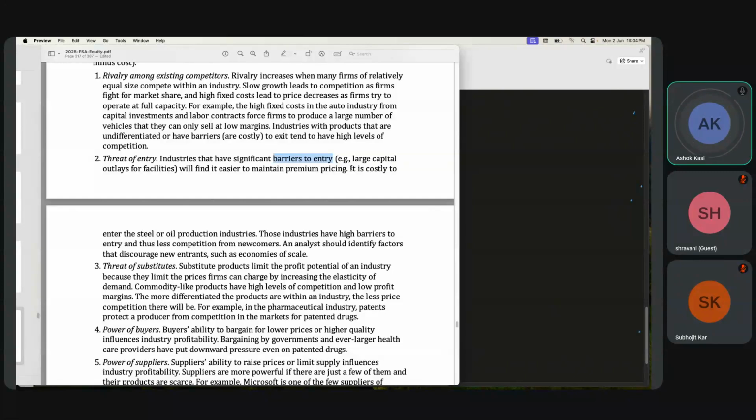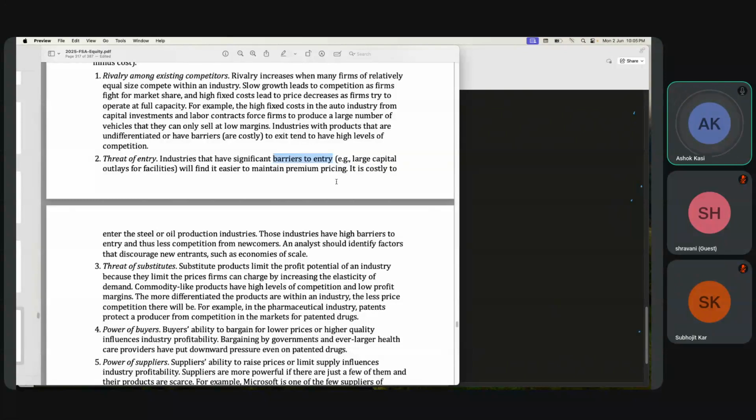Okay. Whereas where there will be barriers to enter, example, where there is monopoly or some government license is required. There is a strong hold of any particular one or two companies. Duopoly is there, or monopoly is there.